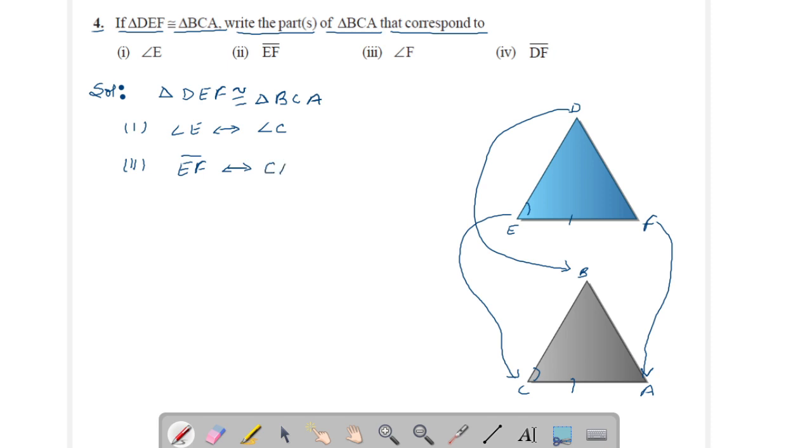The line segment EF corresponds to line segment CA. Then third part, angle F corresponds to angle A.